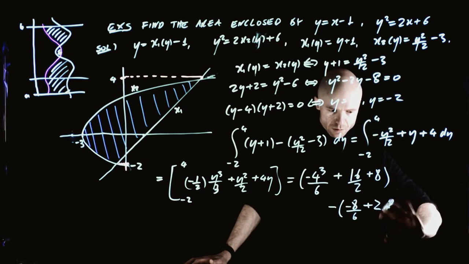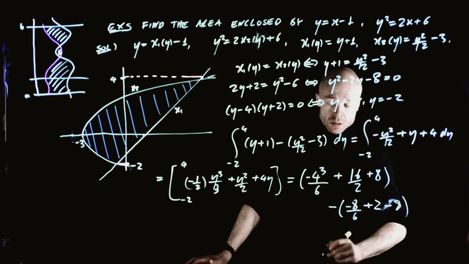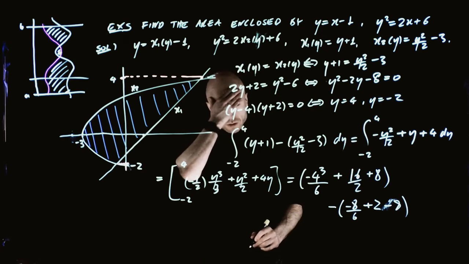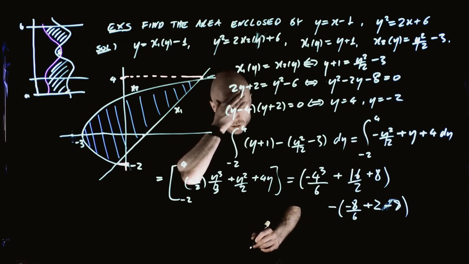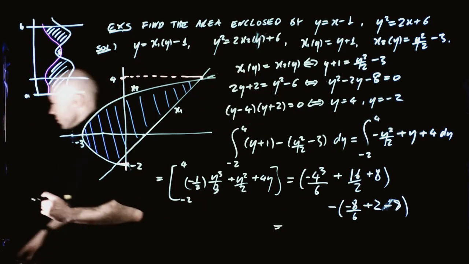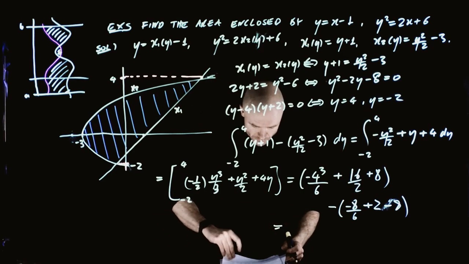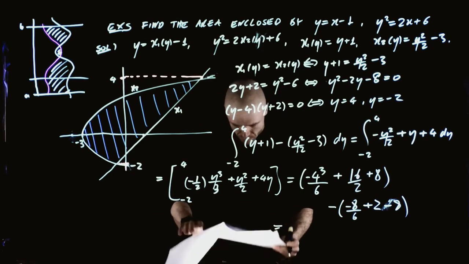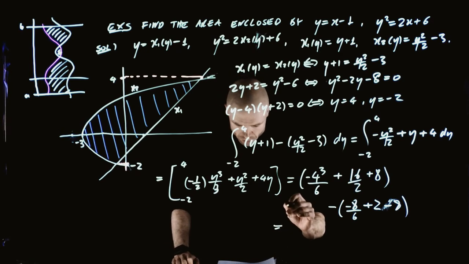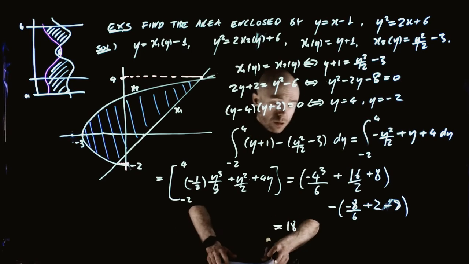Minus 1 over 8. Yeah, so what is 4 to the 3? It's 16 times 4, 64. Yeah, so actually let's just put in the answer. So putting in the answer directly, we just get that this is equal to 18. And that's it.